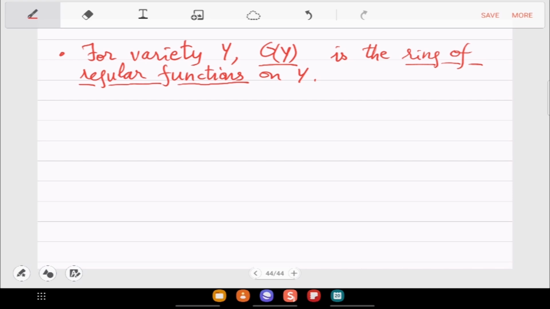So if you have G1 by H1 and G2 by H2, then you can also add the two, right? So clearly addition, multiplication, all these things are defined, constants are there, because constants 0, 1 are treated as constant functions. They're also regular, at least on an affine or projective variety. So this is a ring, and we denote it by O of Y, this fancy O. Yeah, so if you are aware of the term sheaf, then this is the first example of a sheaf.